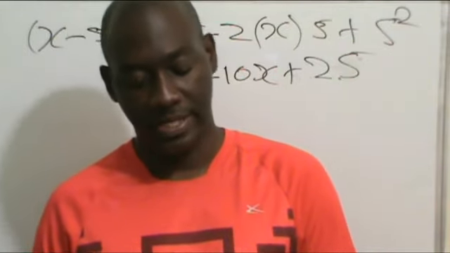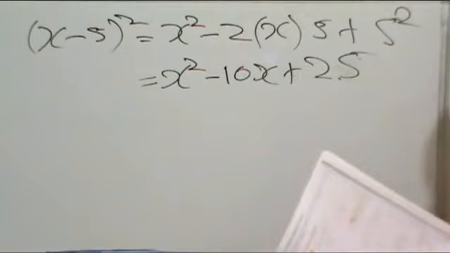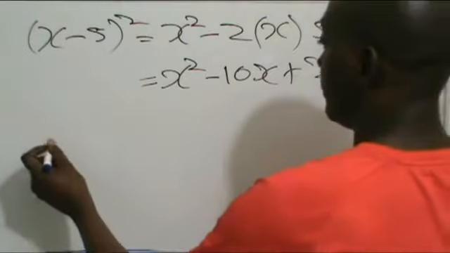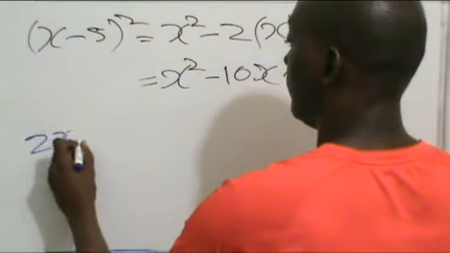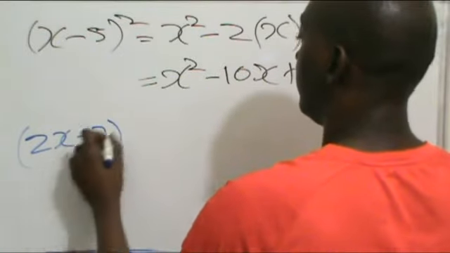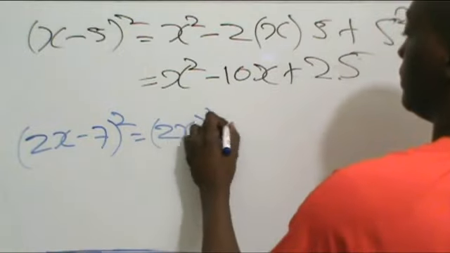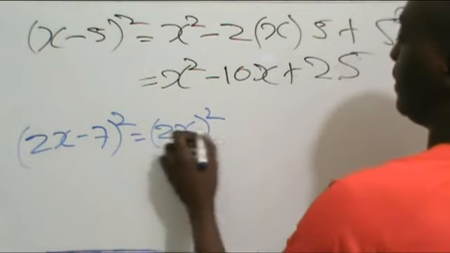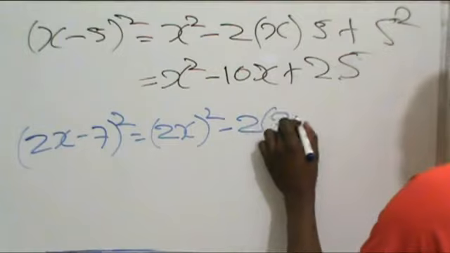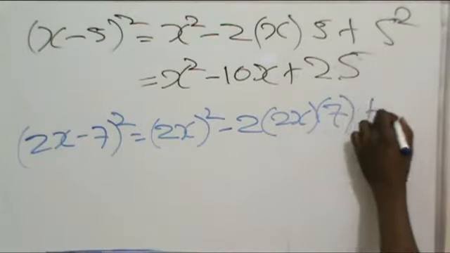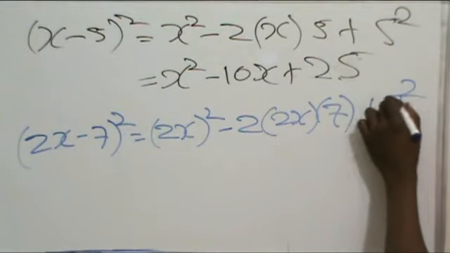And then we have another one here, right, of similar dimensions. We have (2x minus 7) to be squared. (2x minus 7) to be squared is equal to (2x) squared minus 2 by 2x by 7 plus 7 squared.